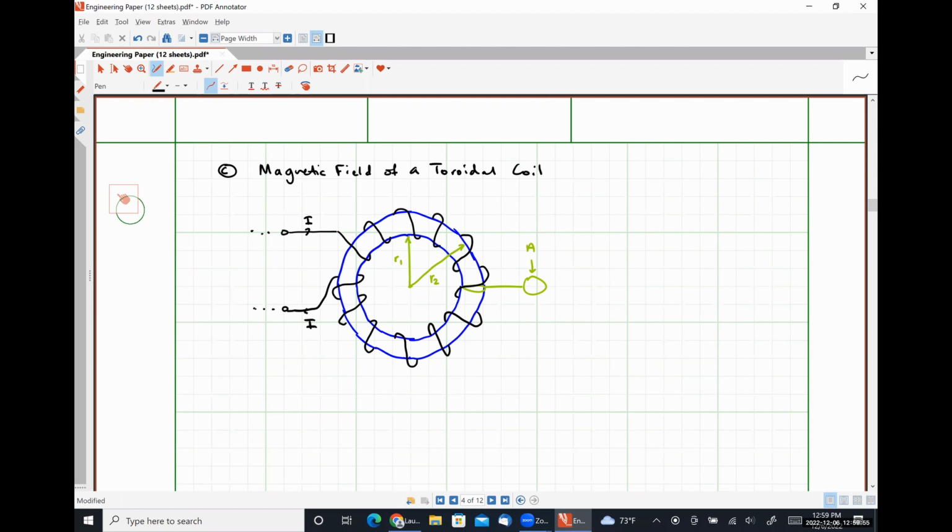And those will technically give us two different numbers for our H field intensity. So what we're going to do is split the difference. We're going to take an average distance for our contour that will be halfway between R1 and R2. So here is our contour.